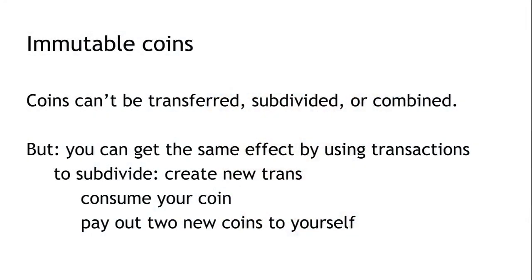But you can get the same effect as being able to subdivide or pay on or combine coins by using transactions. For example, if you want to subdivide a coin, you can just create a new transaction that consumes that one coin and then produces 2 new coins of the same total value. And if you want, you can give those 2 new coins back to yourself. That's a way that you can subdivide a coin that you own.